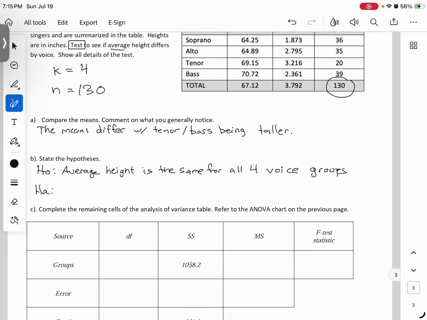But then the alternative is going to come back and say the, or we could just say, average height differs between at least two groups.